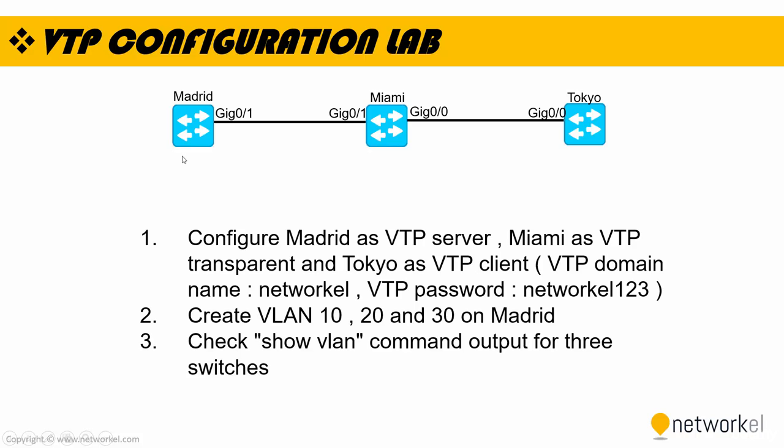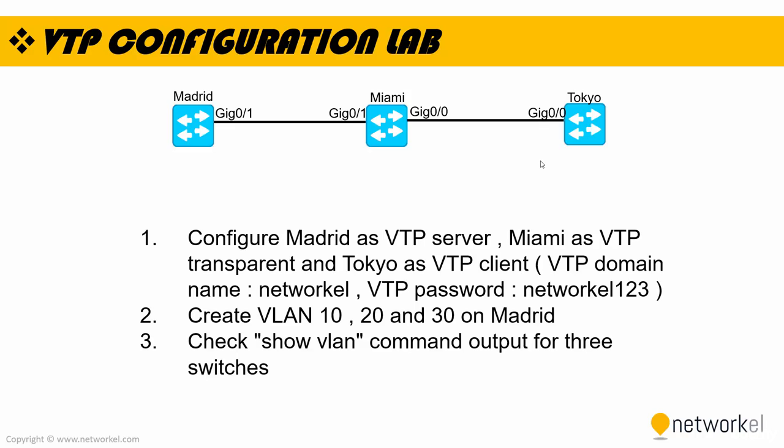So I created these VLANs on Madrid because this is a server, and Miami didn't add VLANs 10, 20, and 30 to its own database because it's transparent, but let them go to Tokyo. The advertisements came to Tokyo, and because Tokyo is a VTP client, these VLANs were added to the VLAN database of Tokyo. Alright guys, that was a great session.